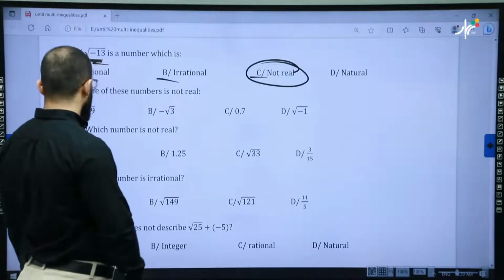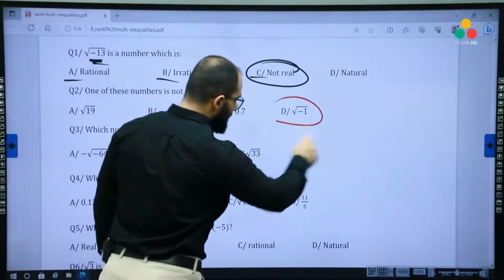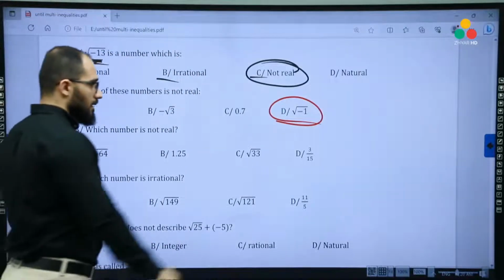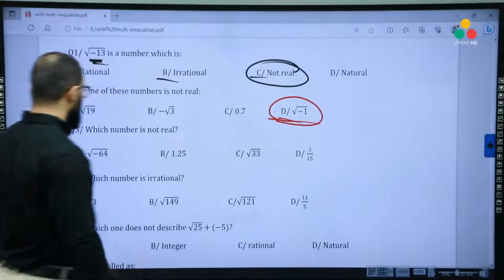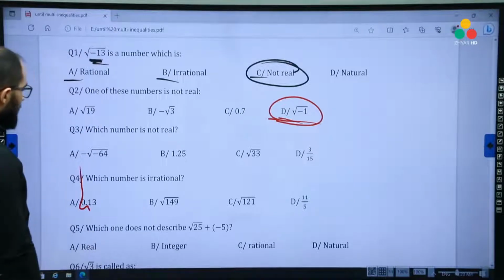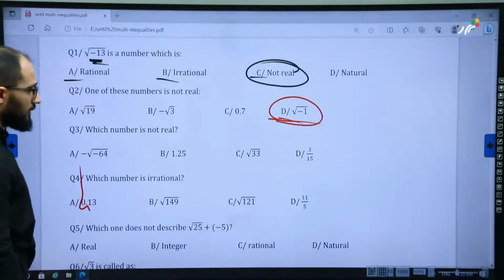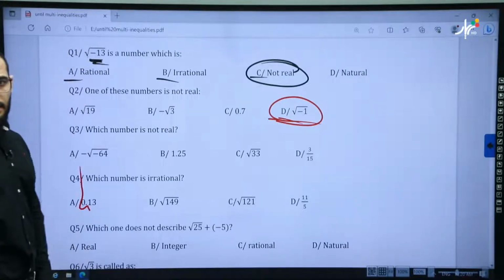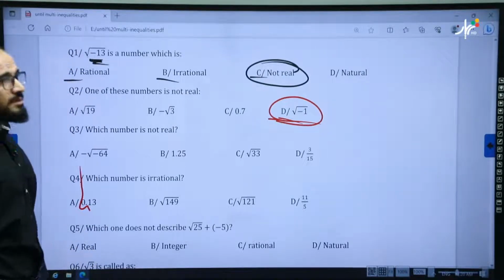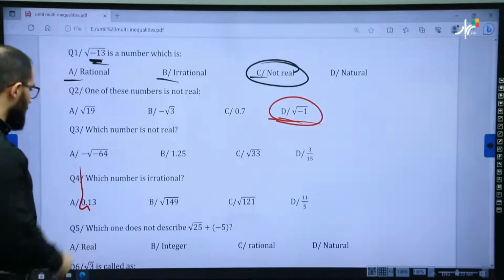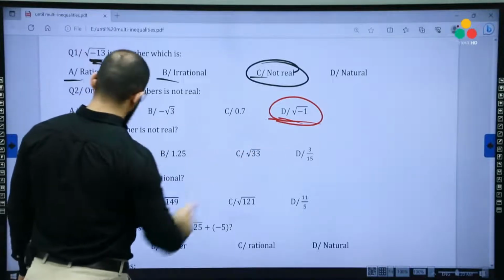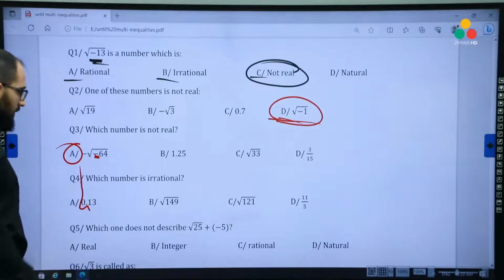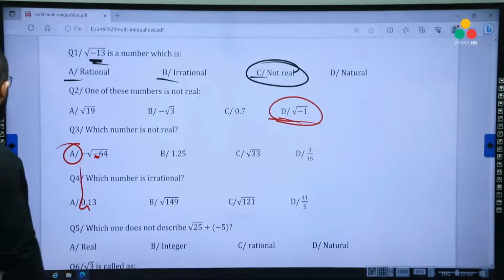Again, directly we focus on the number that has a negative number under the square root. So this is D. Then question 3, which number is not real? Again, we are looking for not real. When it talks about not real, it means the square root has a negative number. Which one has a square root with a negative number? It is A, because inside the square root there is a negative number.